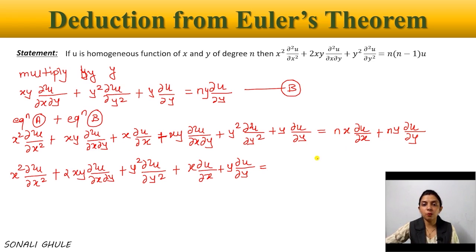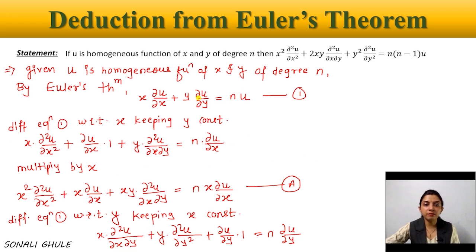Yes, n is common. If I take n common, what is remaining? x ∂u/∂x plus y ∂u/∂y. But I have the value for this one. What is that value? From equation 1, I can write the value for that. It is n into u, right?